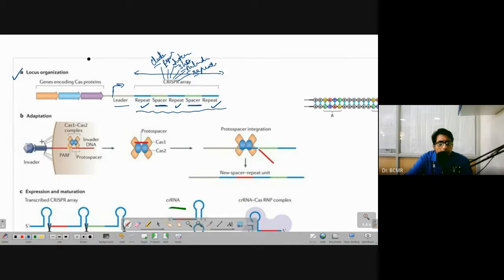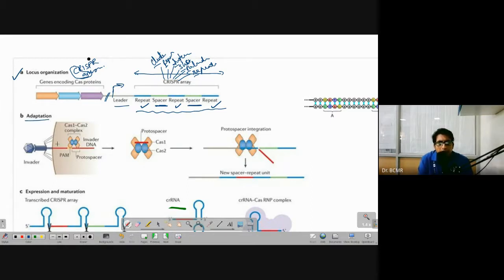We'll come to that later. There are also other genes somewhere nearby. Those are called CRISPR associated genes. Okay, Cas comes from CRISPR associated genes. That is the organization of the CRISPR array and associated genes.